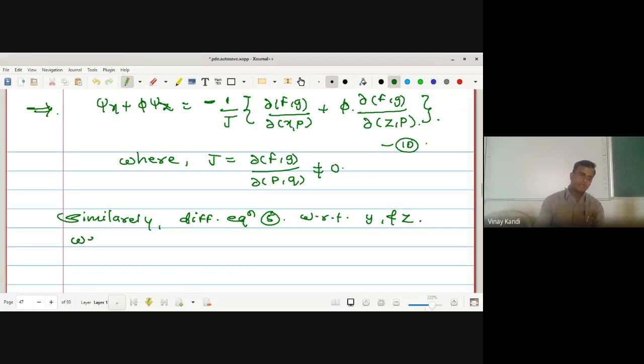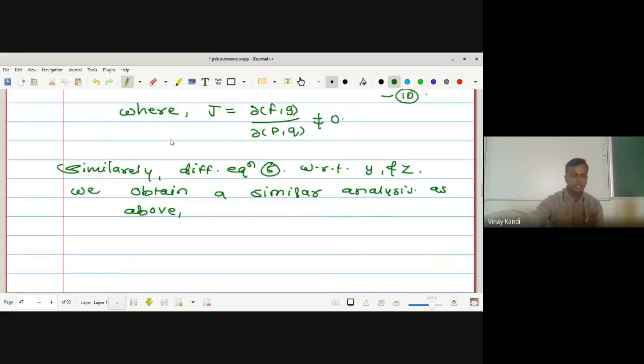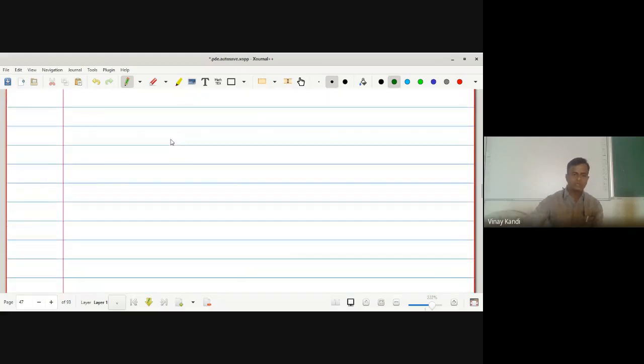We obtain a similar analysis as above, and then we get, instead of x and z, y and z.